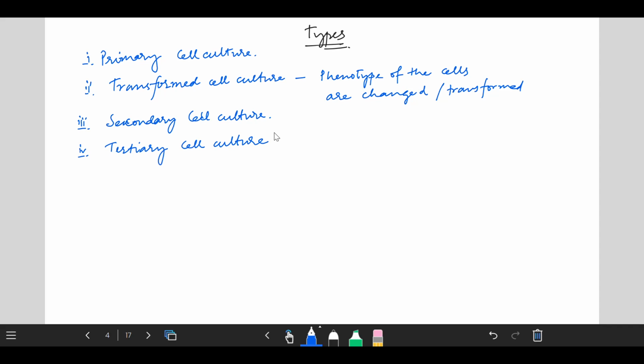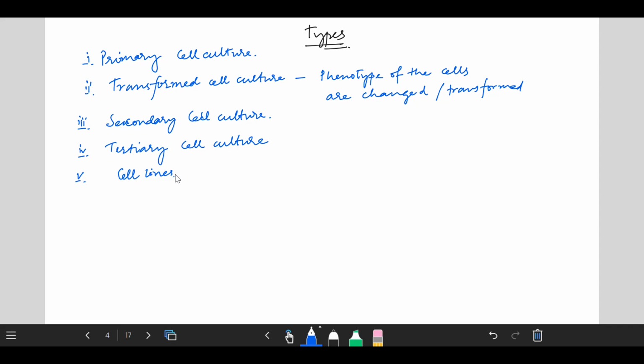Now, what do you mean by cell lines? Cell lines are quite different from this type of cell culture. It actually applies to a defined population of cells that can be maintained in culture for an extended period of time, which retains the stability of certain phenotype and function. So, what is a cell line?